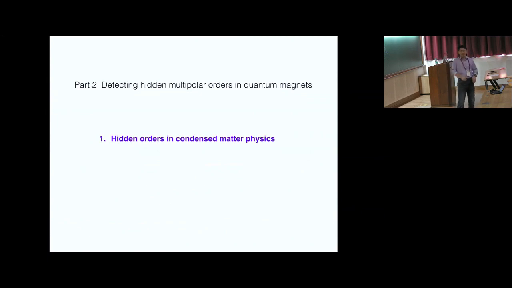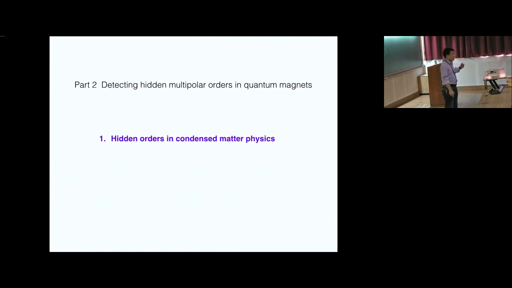Okay. This is maybe an interesting new idea along a not very new direction of quantum magnets. It's called detecting hidden orders, hidden multipolar orders. First, let me begin with hidden orders in condensed matter physics.